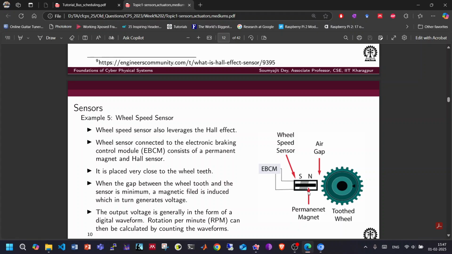It is placed with a permanent magnet, and since there is a very small air gap between the sensor and the wheel, based on the rotation of the wheel, the magnetic field changes, and based on the change of the magnetic field, we can measure the amount of electricity that flows through the material.